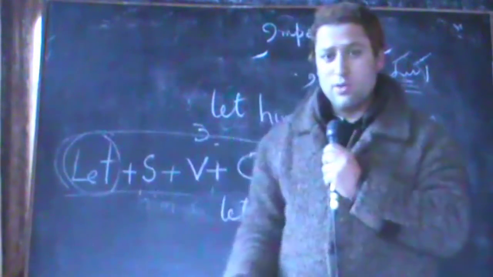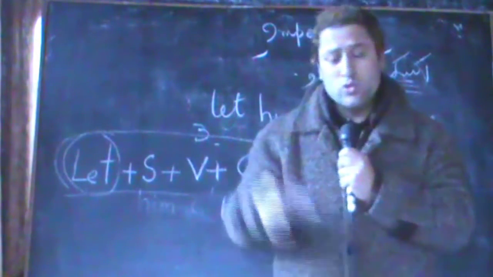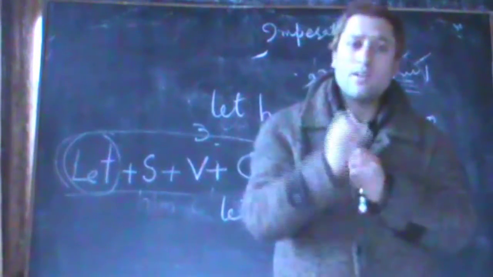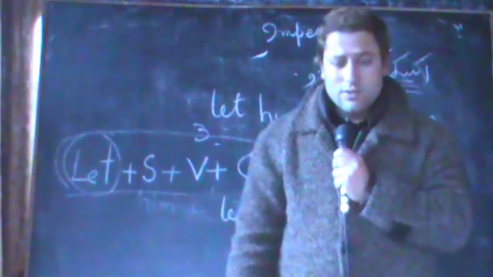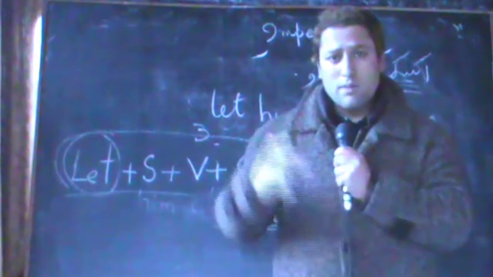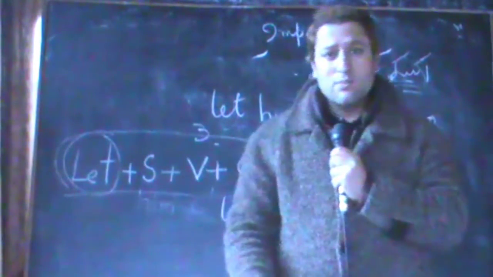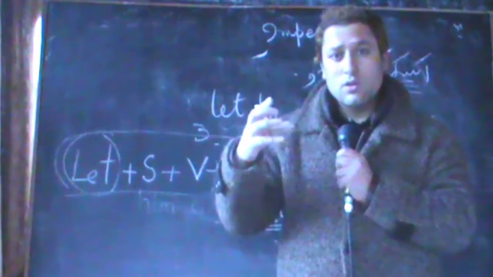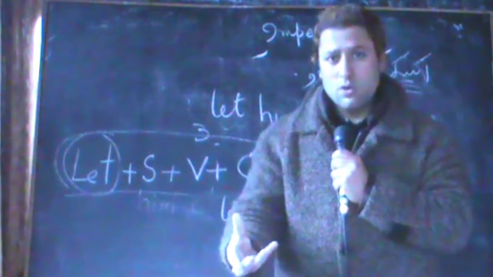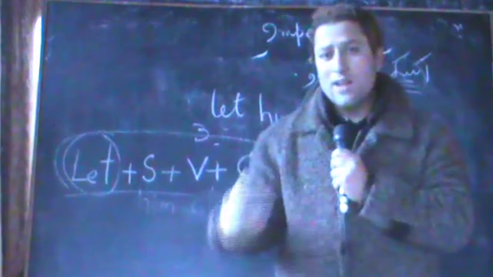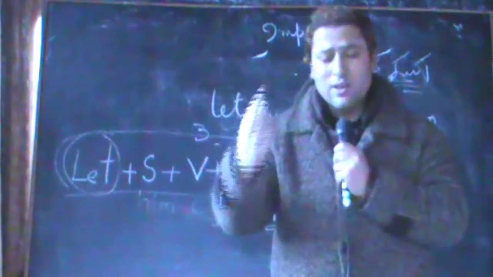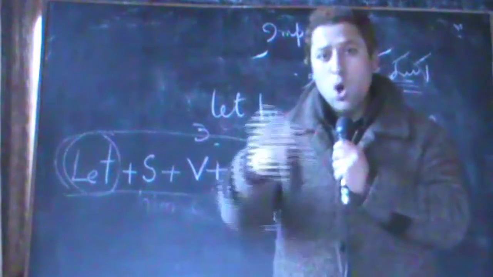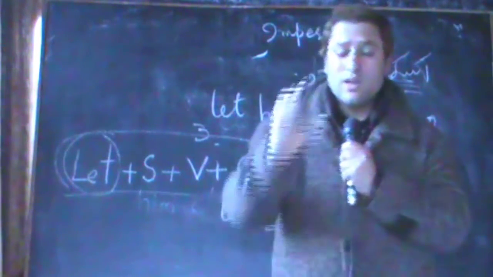Usko पहाड़ पे जाने दो और चढ़ने दो, let him climb the mountain. उसको बाग में खेलने दो, let him play in the playground or in the garden. उसको बर्तन धोने दो, let him wash the utensils. उसको झाड़ू देने दो, let him broom.